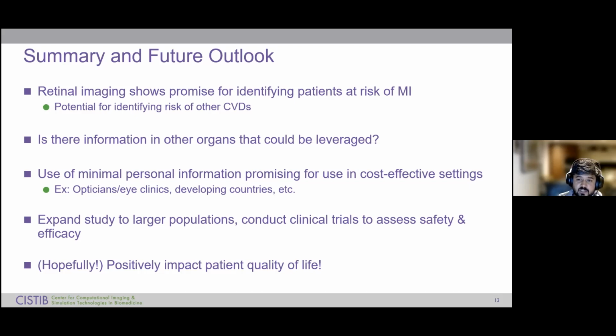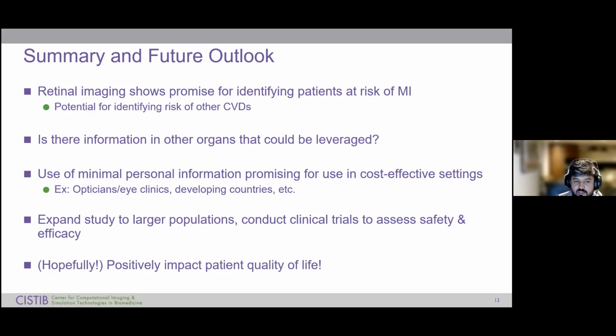And finally, expanding to larger populations requires that this is a cost-effective way of assessing patients at risk, which is what this study demonstrates in a controlled setting.